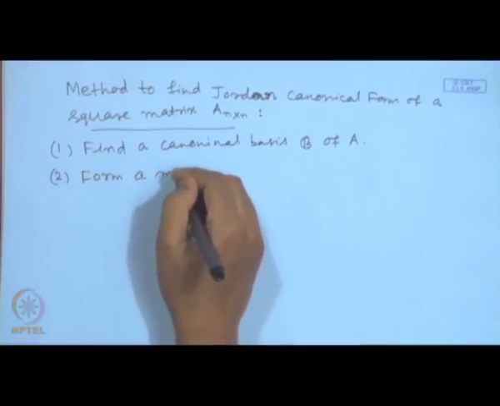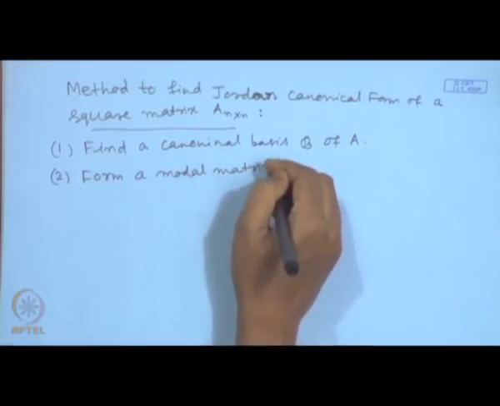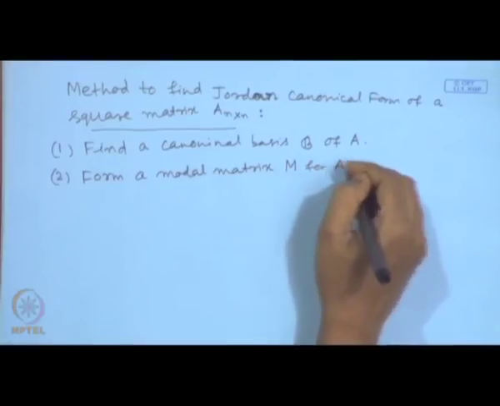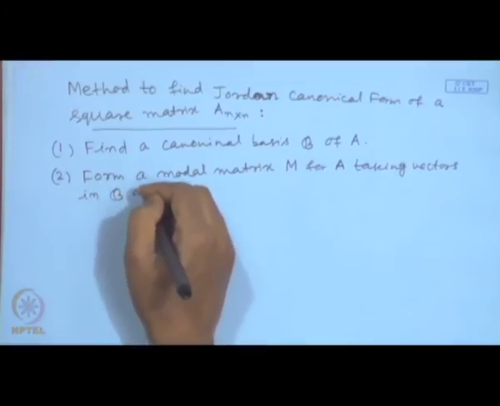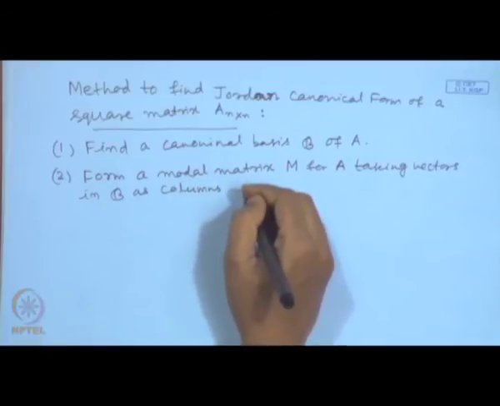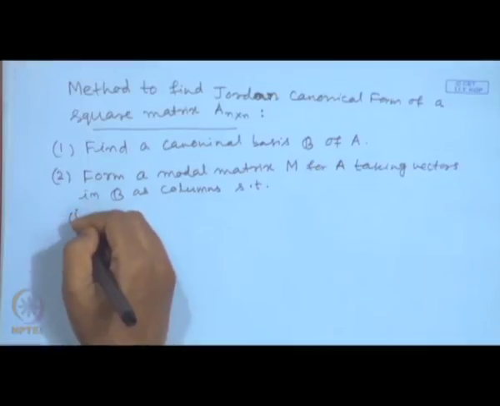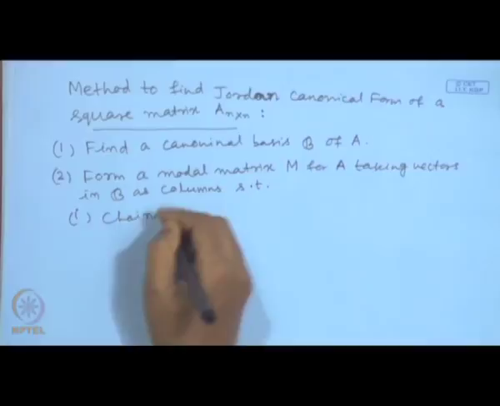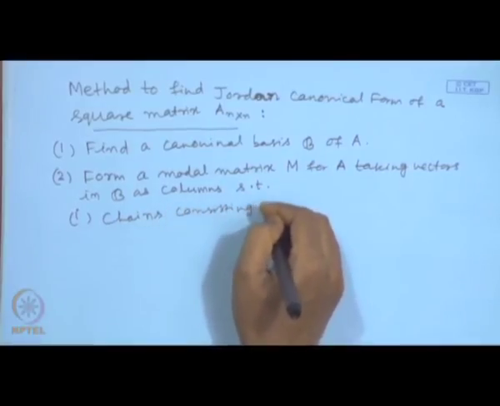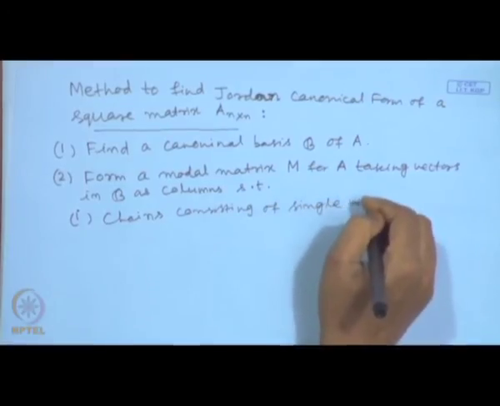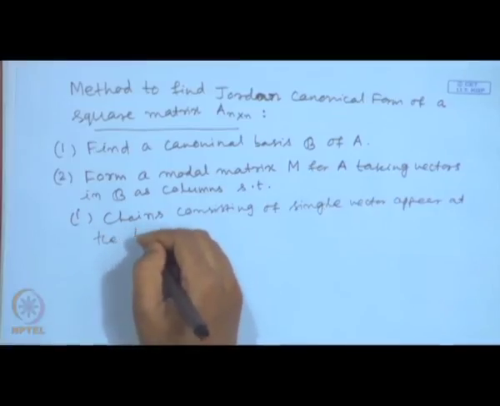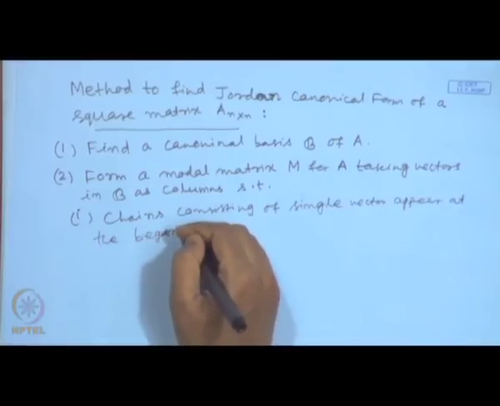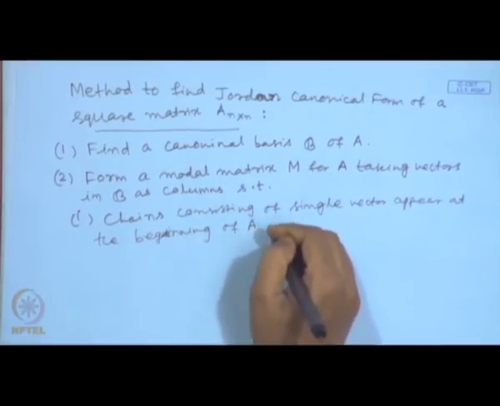Form a modal matrix M for A, taking the vectors in B as columns, such that, of course, the chains consisting of a single vector appear at the beginning of this matrix M.